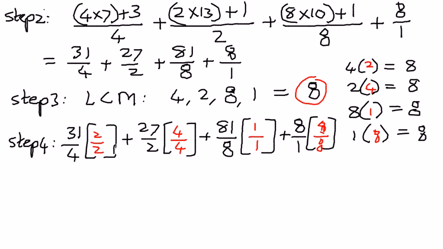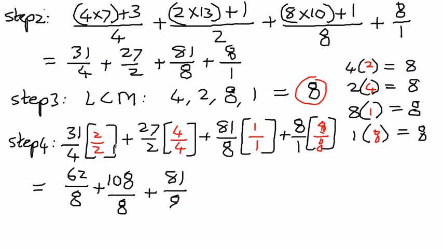So therefore we're going to simplify this. We're going to multiply the numerator parts, multiply the denominator parts, and therefore we're going to do it as follows. 31 times 2 is 62 divided by 8, plus 27 times 4. 7 times 4 is 28, 4 times 2 is 8 plus 2 is 10, so 108 divided by 8, plus 81 times 1 is 81 divided by 8, plus 8 times 8 is 64, 64 divided by 8.